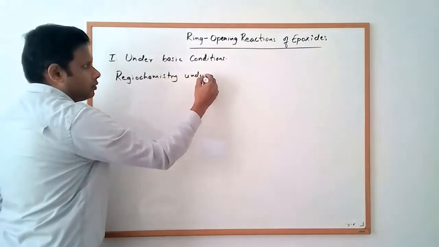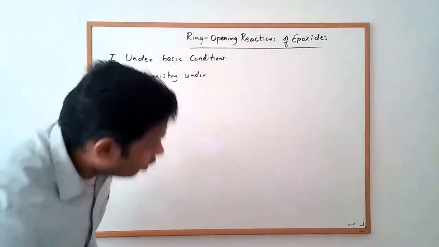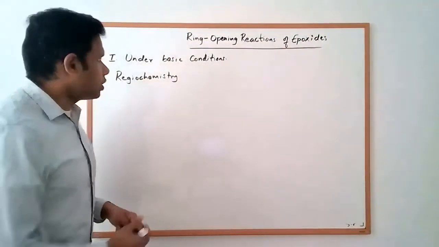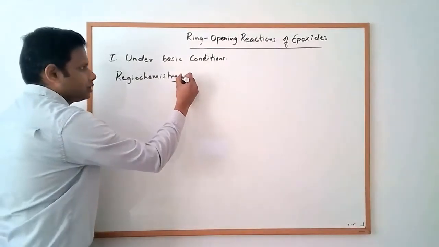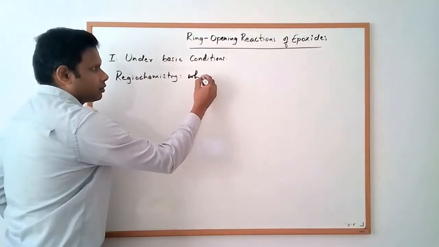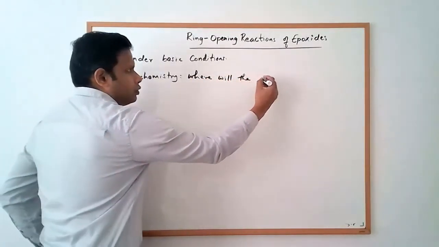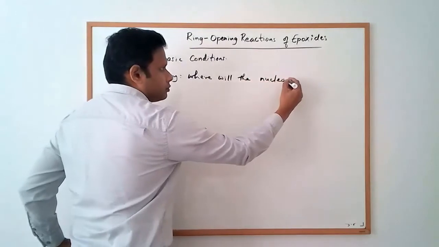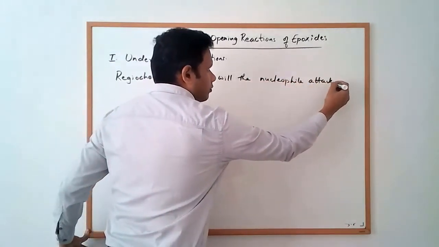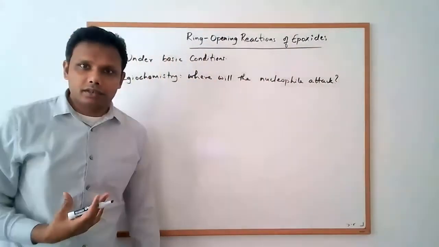Under basic conditions. In fact, we are still operating under basic conditions, so we don't really need this. So we're going to talk about regiochemistry, okay? And regiochemistry deals with the question of where will the nucleophile attack? That's the question that we're trying to answer here.